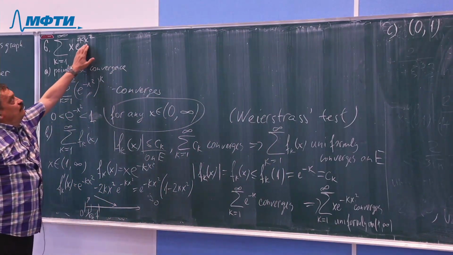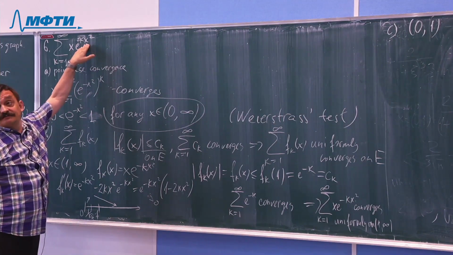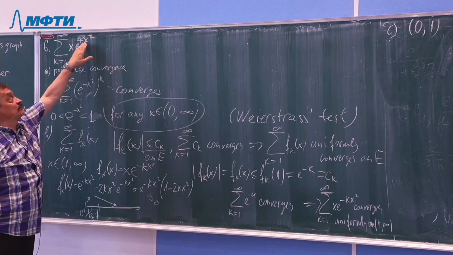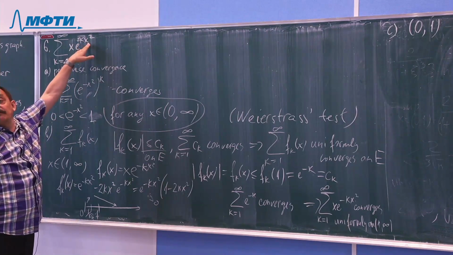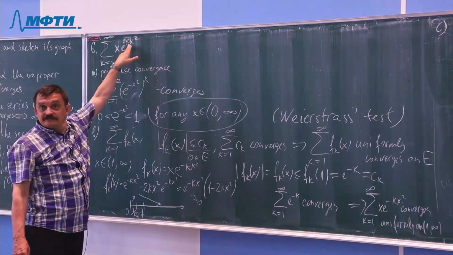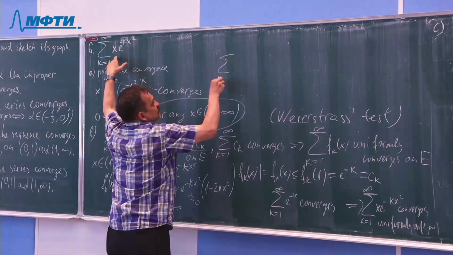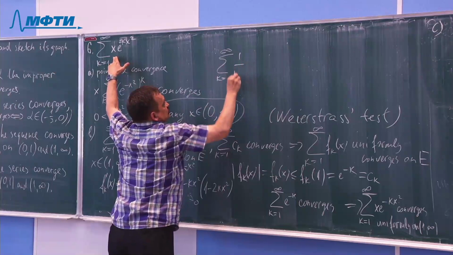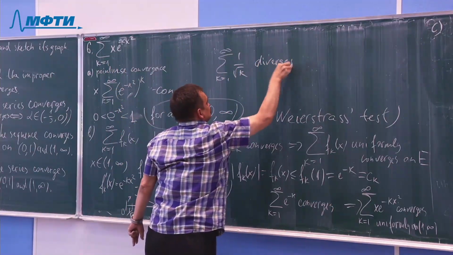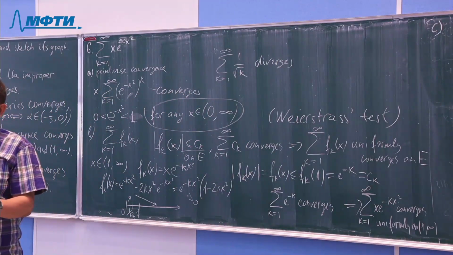And look, if you substitute 1 over square root of k, it seems so. Then what happens from the first glance? Here we have 1 over square root of k, so e to the power minus 1, times 1 over square root of k. Okay, the series diverges, but it says nothing about our series.